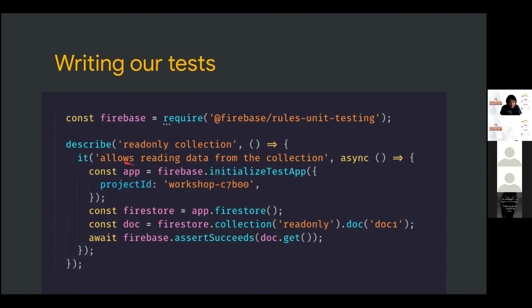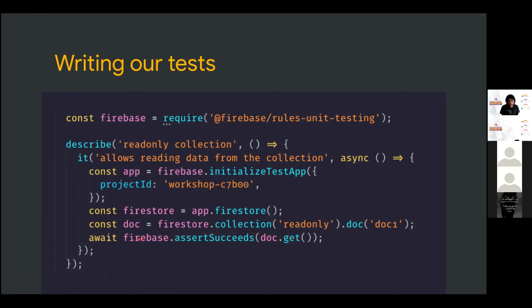Here in our test, we want to check if reading data is allowed. So we try to read a specific document from the read-only collection. Let's say doc1, and we do doc.get. That's how we do reads in Firestore. Then we do an assertion to check if that doc.get call succeeded.